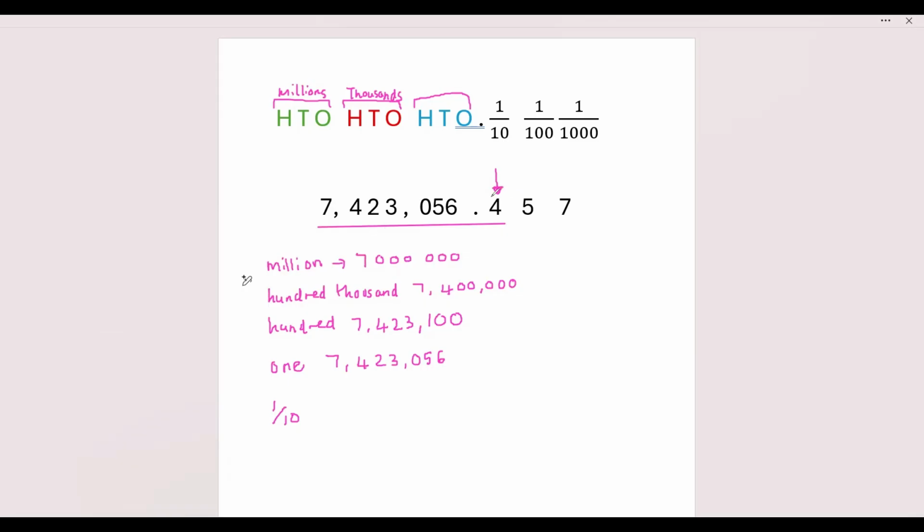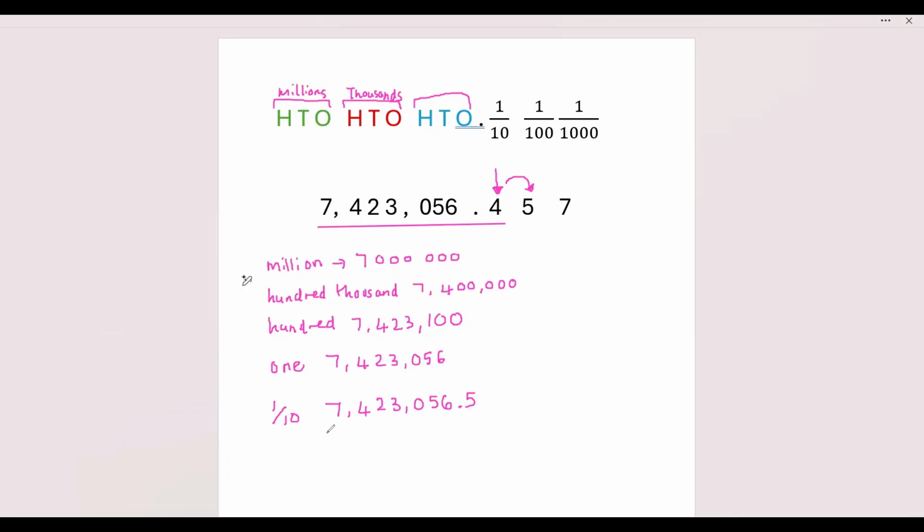And to see if this 4 remains a 4, we need to go to the next column along, which is a 5. So 5, 6, 7, 8, 9, we go to the next on the number line. So this 4 will become a 5. So rounded to the nearest tenth, this number here will become 7,423,056.5.